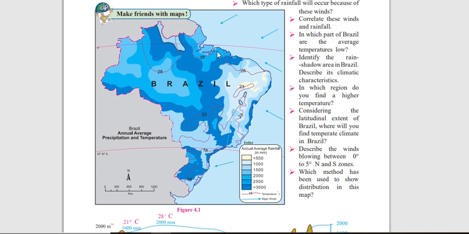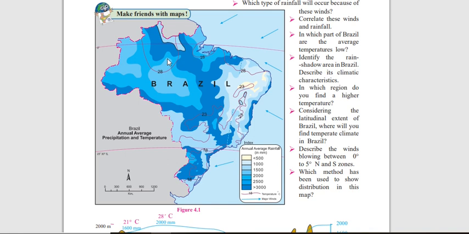The differences in temperature are negligible here. Because of the proximity of the sea, the coast experiences mild and humid climate. The average temperature in the Amazon Valley is 25 degrees Celsius to 28 degrees Celsius. The climate is cooler in the highlands.